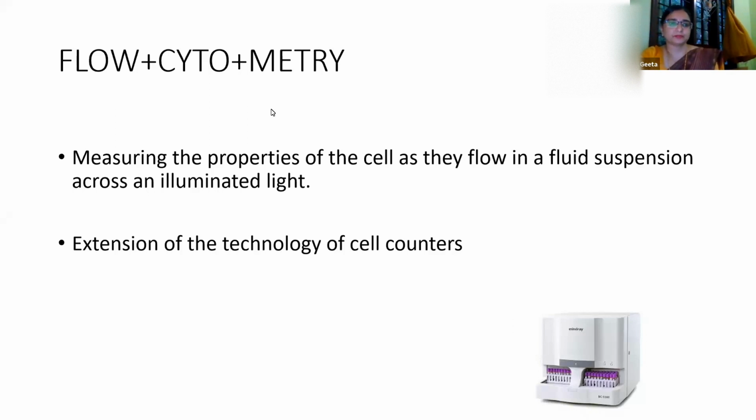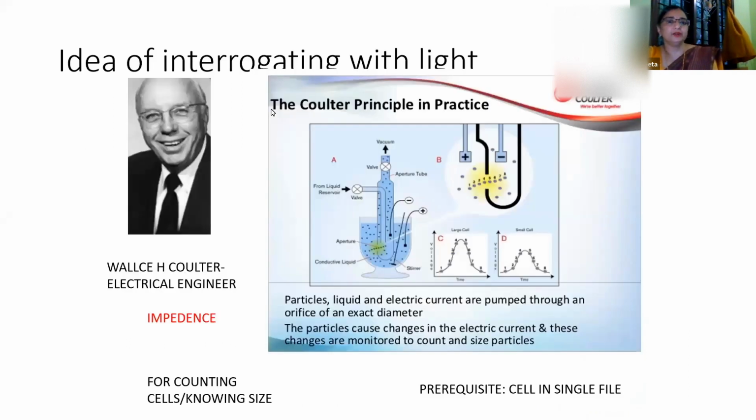counters. So the idea of interrogating the cells with light came from this gentleman, Wallace Coulter, who came up with what we now know as the Coulter principle, wherein the cell is allowed to pass through an aperture or a hole, on both sides of which there are different charges or two currents which are flowing.